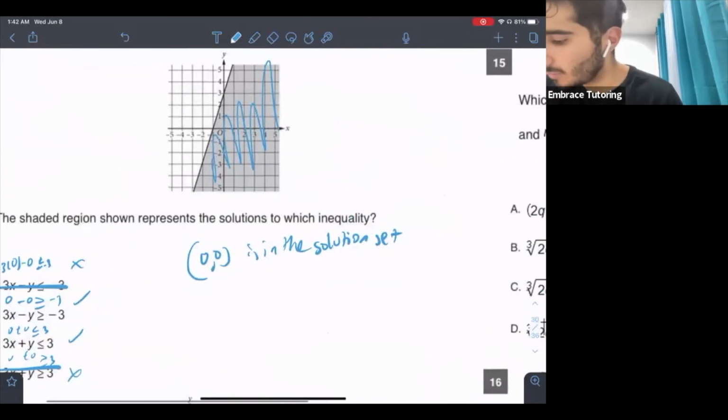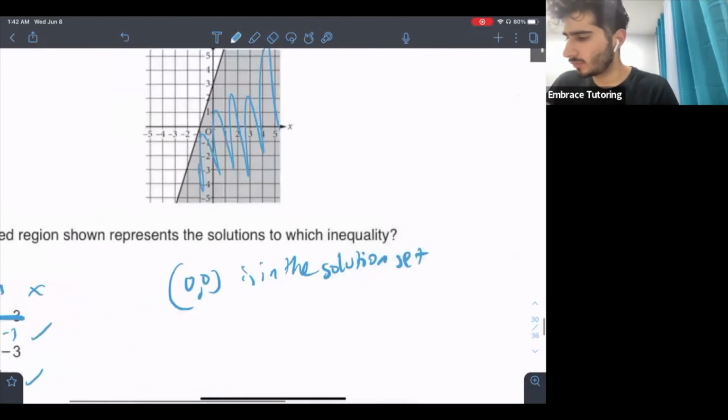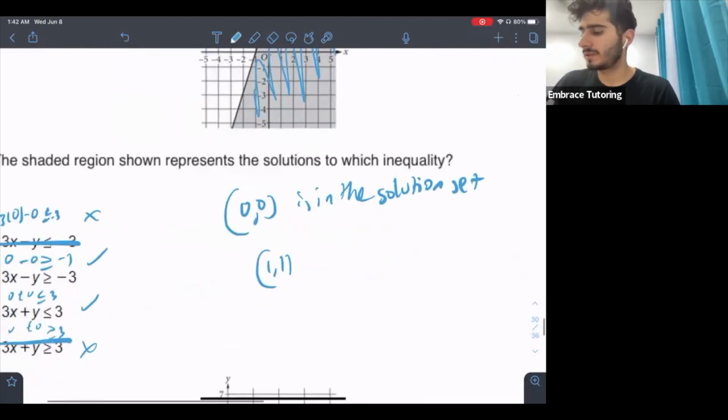Now I would pick another point. I would pick (-2, 1) to see that it's not in the solution, or I would pick another point. Let's say (1, 1) to see if it's in the solution set.